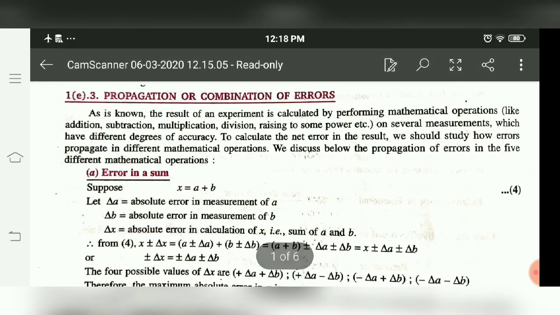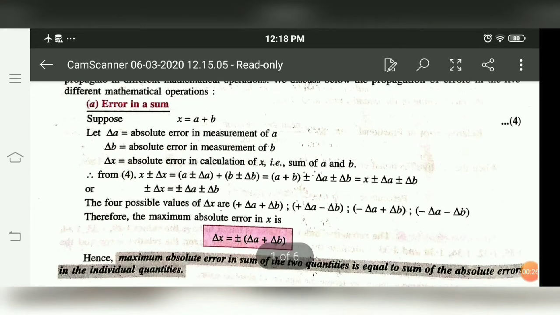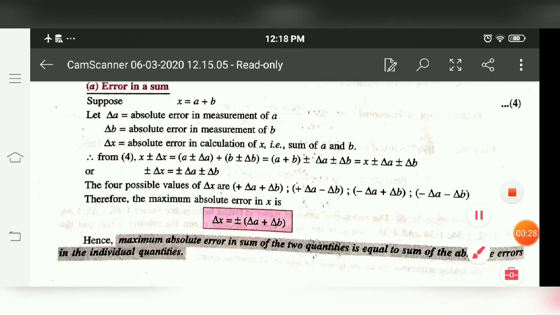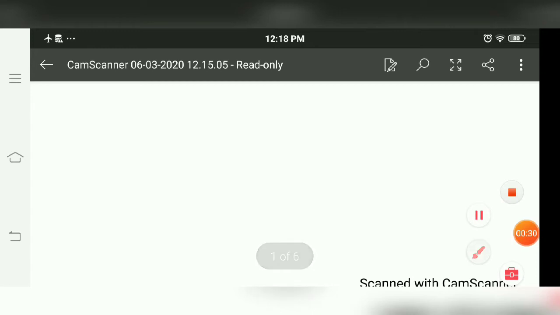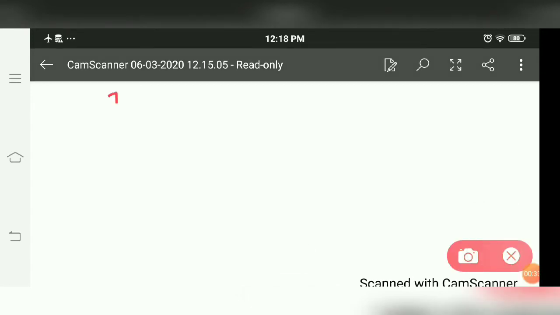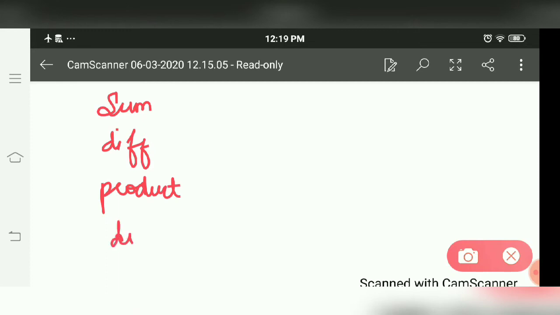First of all, error in sum. Combination of error is of four types. We will discuss four types of combination of error: sum of error, difference of error, product of error, then division of error.